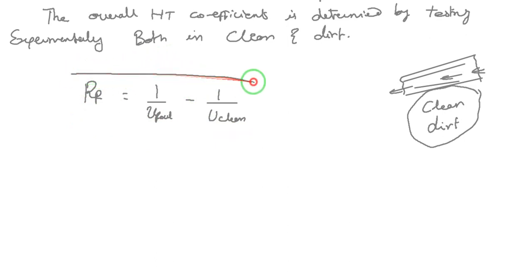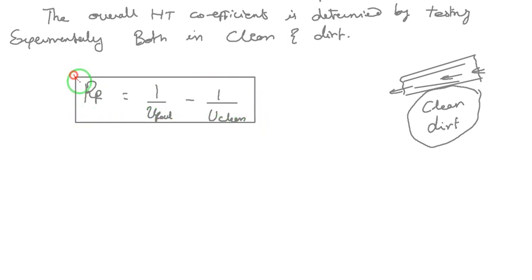Okay, fine. Let me try out now. Should come proper. Yes, fine. So when I want to calculate only the foul, I can write this equation as RF plus 1 by U clean.